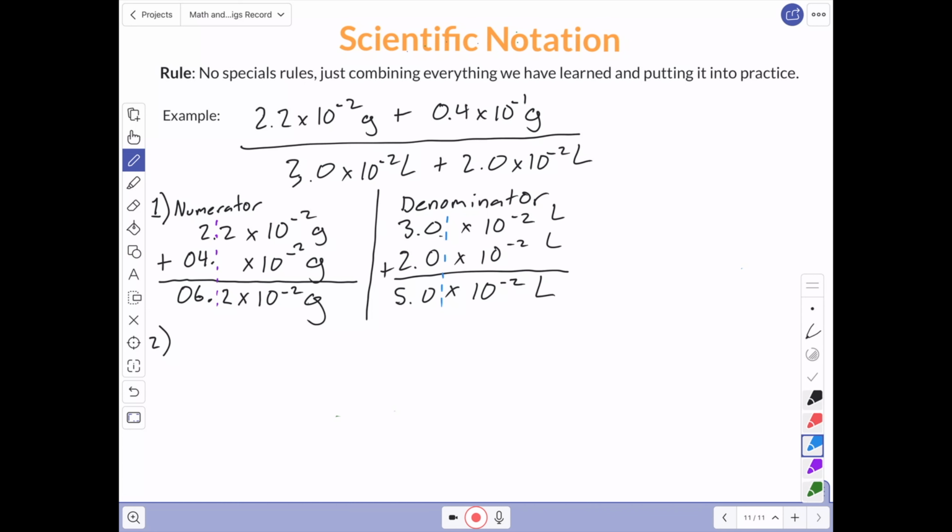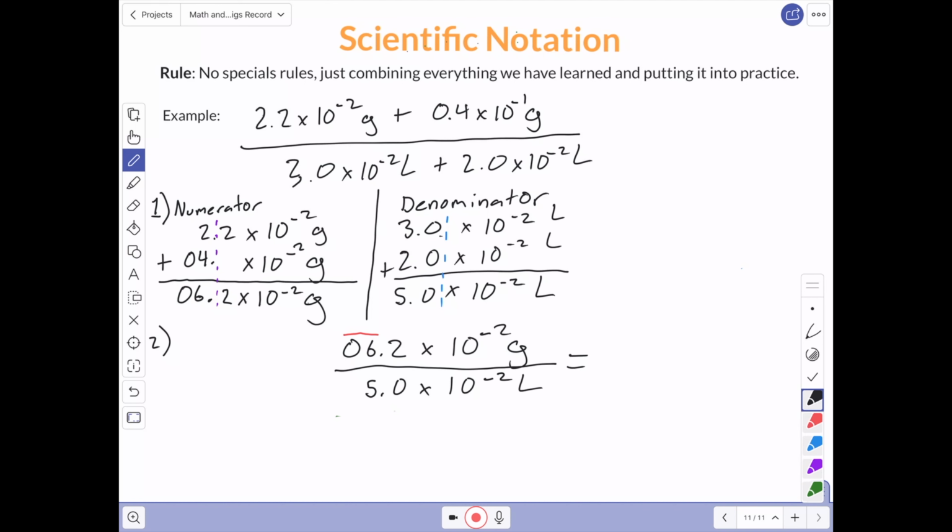So, we're going to be dividing 0.62 times 10 to the negative 2 grams, keeping track of our sig figs, divided by 5.0 times 10 to the negative 2 liters.